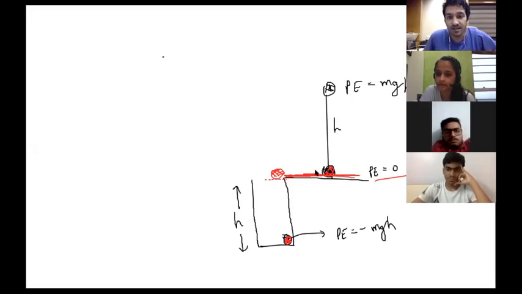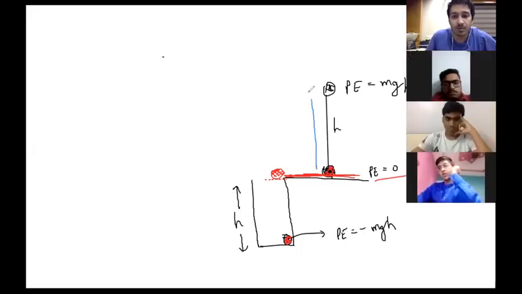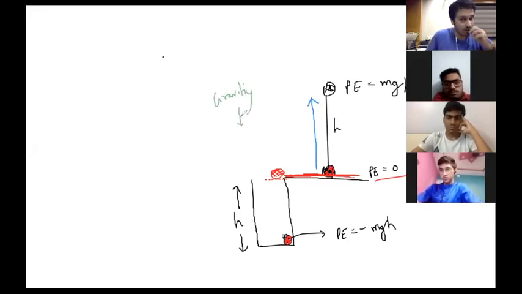If I do work on the ball, where am I moving it? I'm moving it in which direction? Batao. Please अपने आप को mute करो unless you're responding. If I'm moving it in the upward direction, in which direction is the force? Gravitational force किधर है? Downward. Right? Gravity is downwards. Okay.